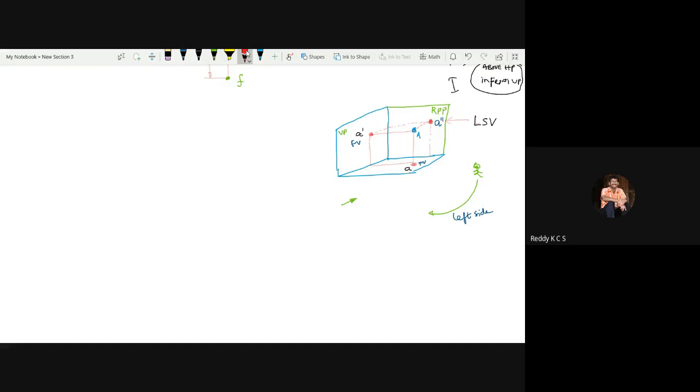Now, how to draw this in a two-dimensional projection, as we did in the previous classes? We drew the XY line, then the VP, HP, and the projection of point A dash.